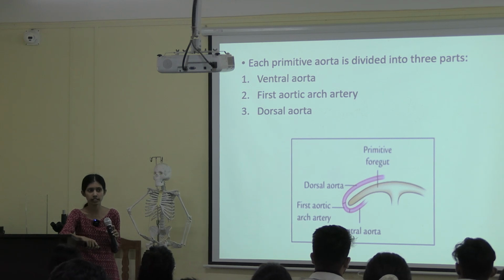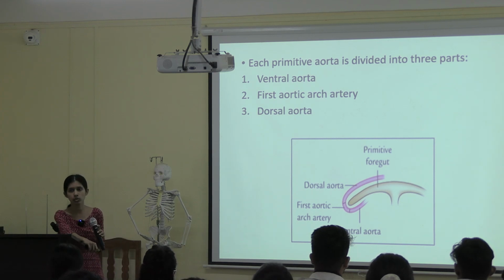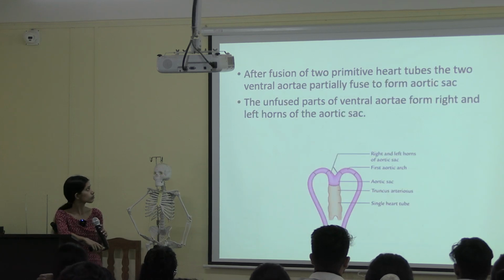Aortic arch arteries are the vessels that connect your ventral aorta and dorsal aorta and pass through the pharyngeal arch arteries. Okay. So how many parts are there? Three parts: ventral aorta, dorsal aorta and aortic arch arteries.